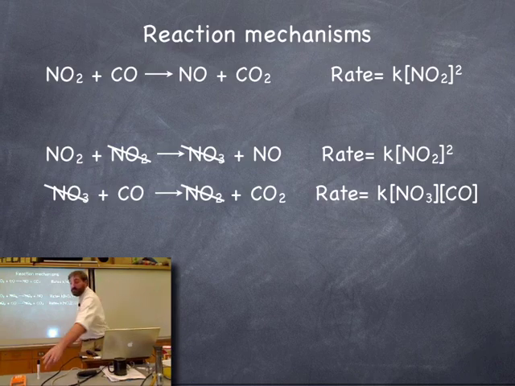So the rate here, if we substitute in the NO2, then the overall rate would be what? We would substitute in for the NO3 if this was the slow step. I just substituted in this part here for the NO3 because it takes 2 NO2s to make 1 NO3.